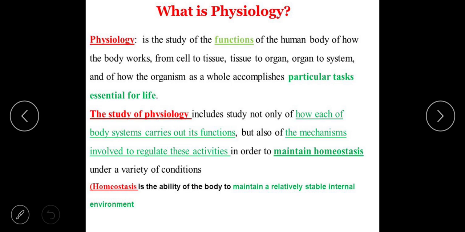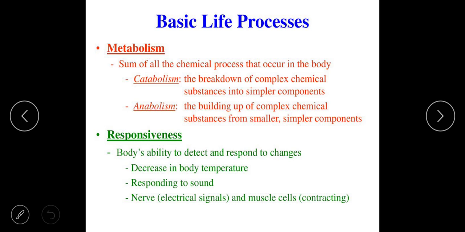So physiology especially involves two types of reactions: catabolic reactions as well as anabolic reactions. Catabolic reactions are those reactions in which the bigger or complex molecules are broken down in the body into simple forms. Whereas an anabolic reaction is a constructive process where smaller molecules combine to form a bigger molecule.